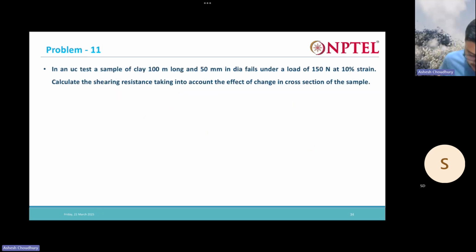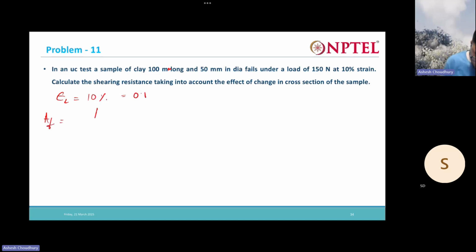In an unconfined compression test, a sample of clay 100 mm long and 50 mm in diameter fails under a load of 150 Newton at 10% strain. Calculate the shearing resistance taking into account the effect of change in cross section. Okay, so we have 10% strain, longitudinal strain is 0.1.